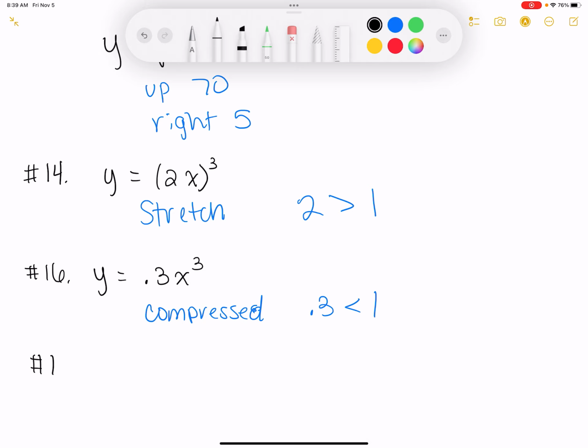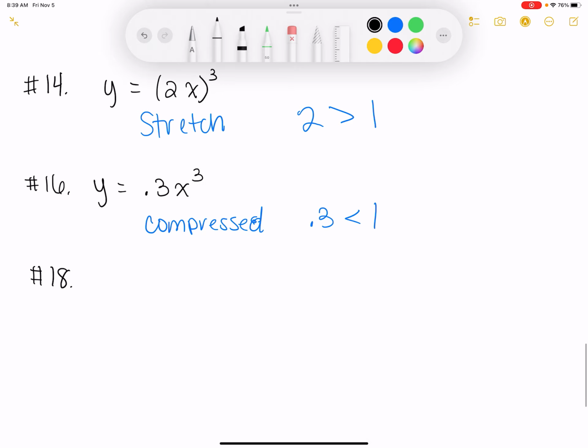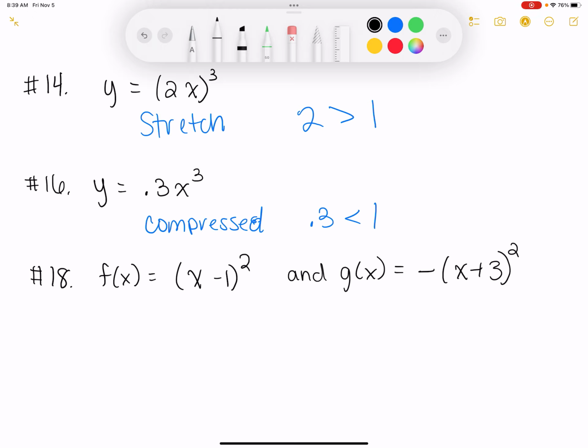So 18: f of x is equal to (x minus 1) squared, and g of x is equal to (negative x plus 3) squared. So I want to know how to get from here to here.